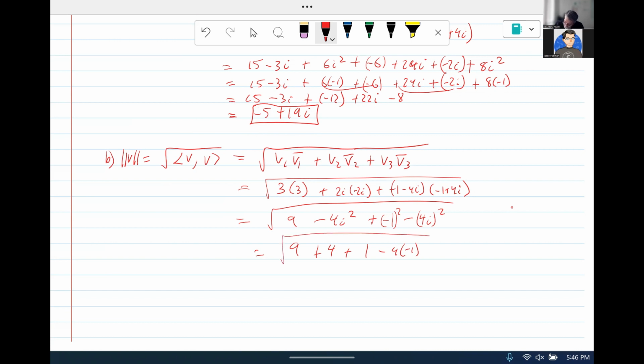Everything's being added. Sorry, this would be 16, because we have the 4 squared, and then i squared would be negative 1.